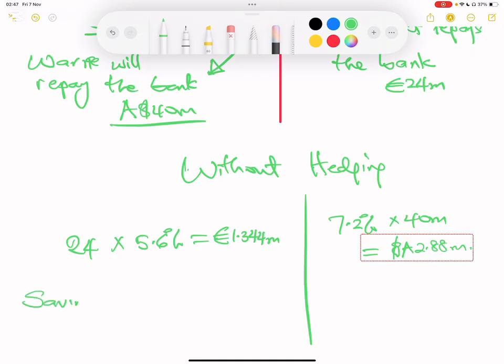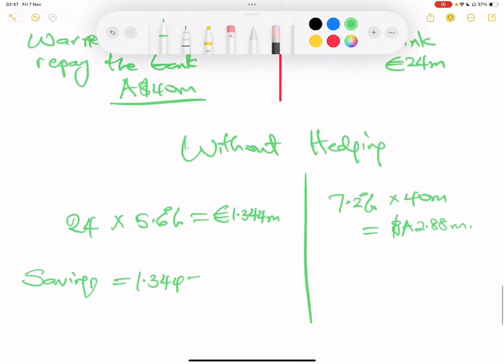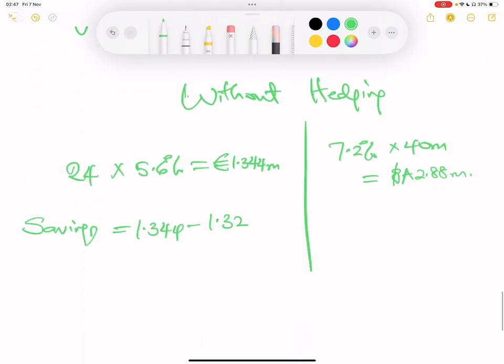Savings, easy, we can see it. That is equal to 1.344 minus 1.32. Remember, 1.32 is what he paid. And this guy, the savings will have been 2.88 minus 2.8, which means this guy was able to save 24,000 euros.